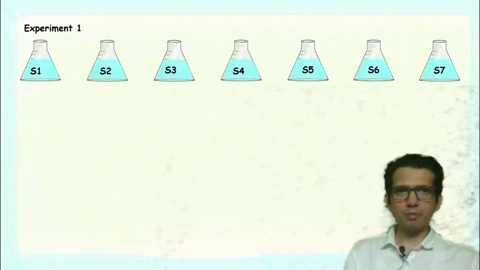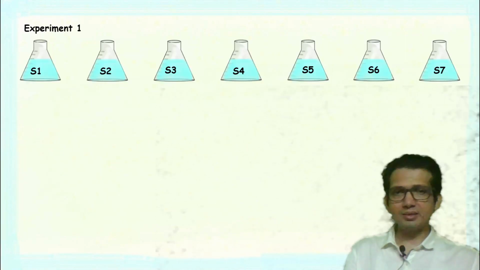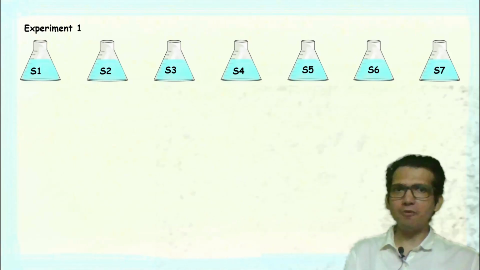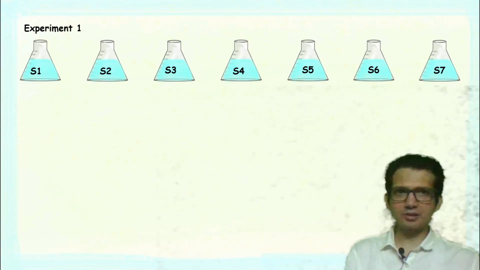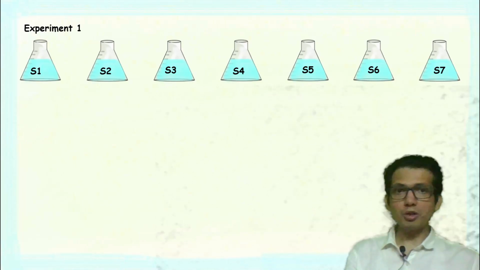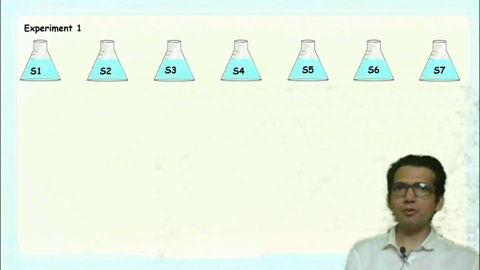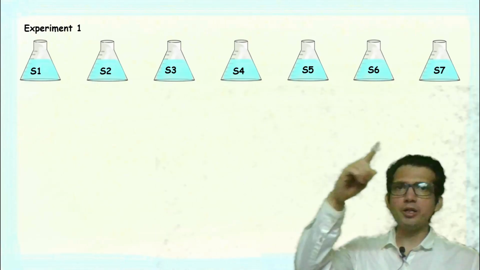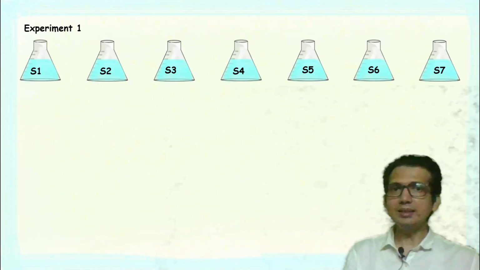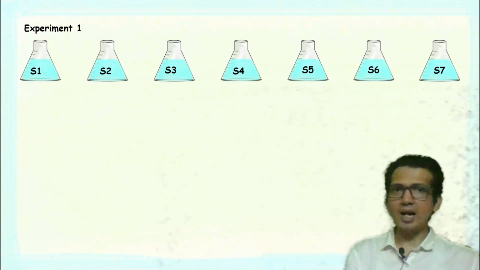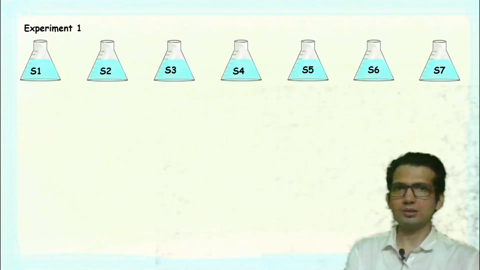Let's do one experiment. Let us say you are a scientist and you have taken different concentrations of substrate in different flasks. The concentration of substrate increases from flask S1 to S7, while the concentration of enzyme added to each flask is constant.